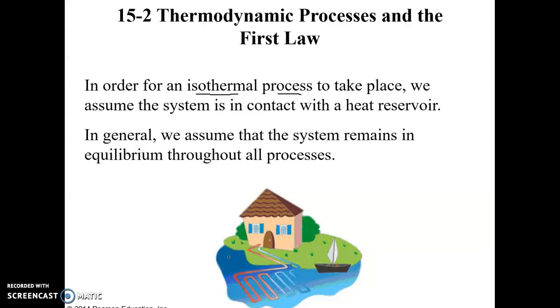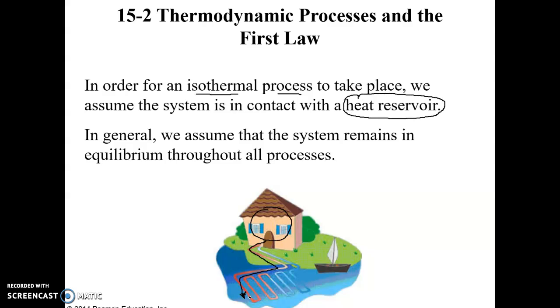Well, one example of that is geothermal heating. So let's look at this in the summer when you have air conditioning, a geothermal air conditioning system. We are taking heat from inside the house, and through a series of pipes dumping it into the earth. The earth is considered a heat reservoir.